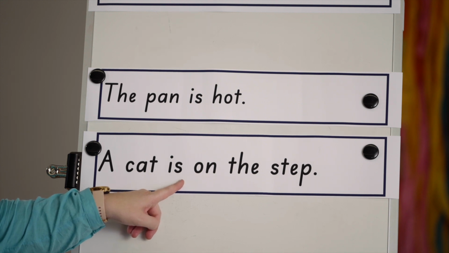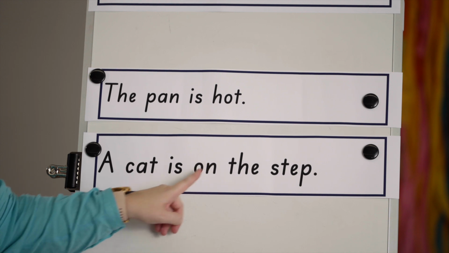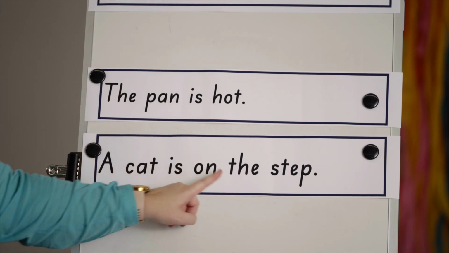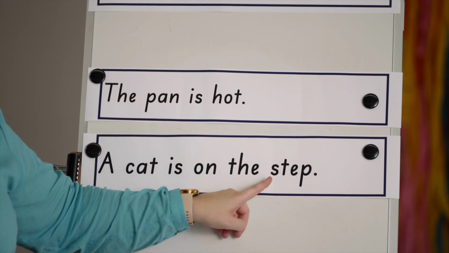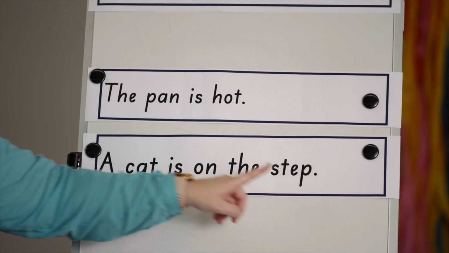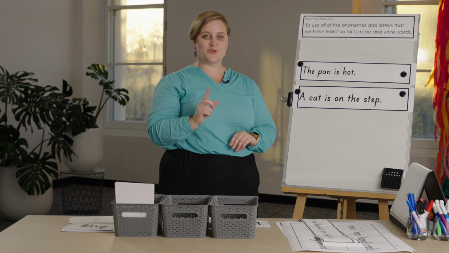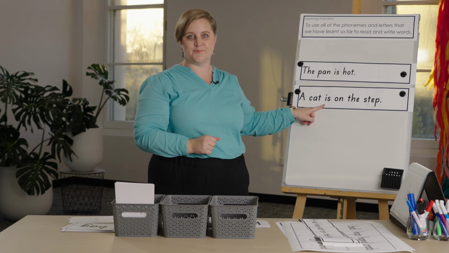Is. That's right, good remembering. A cat is on. Back to the beginning. A cat is on the step. Right from the beginning now. A cat is on the step. How did you go reading those sentences with our new tricky word is?